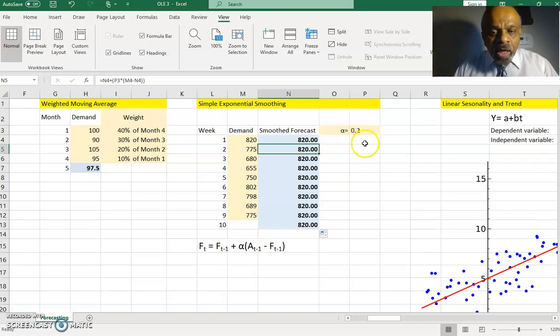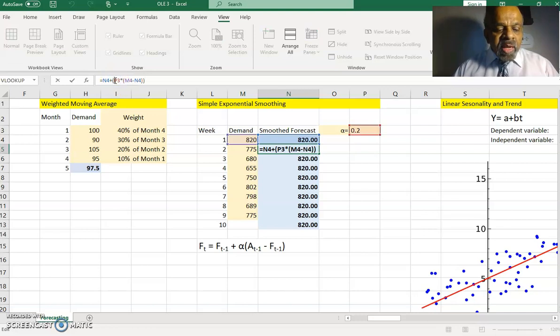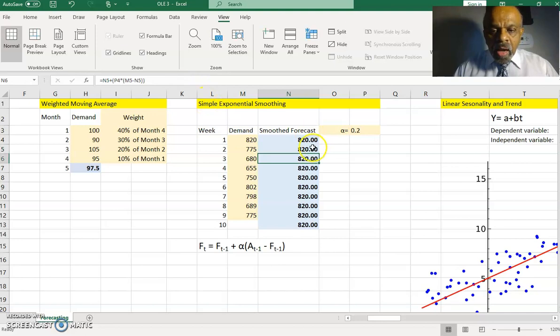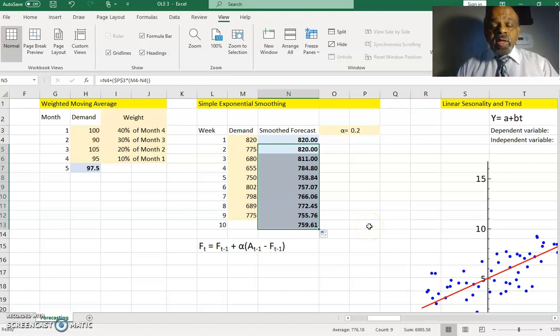This alpha is a constant, which is actually P3, so I'm going to make it absolute, $P$3. Now if I copy that, I should be fine. When you copy and paste, make sure how you use the reference. If you see anything constant like this, you need to use an absolute reference. If you do not have a constant, in Excel you just copy and paste and everything will change.